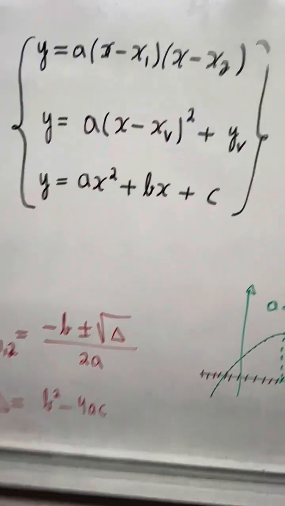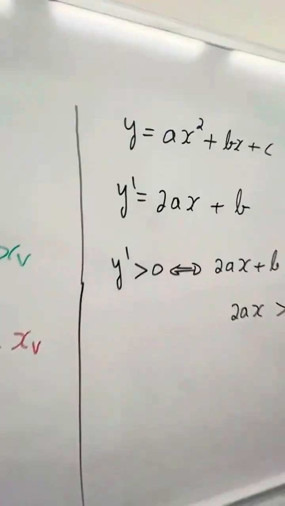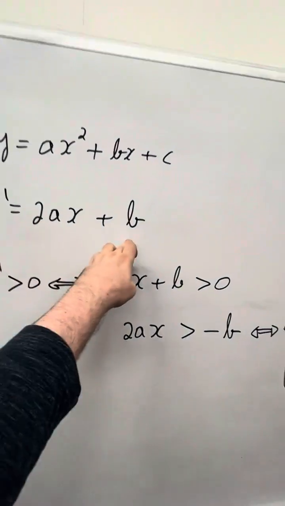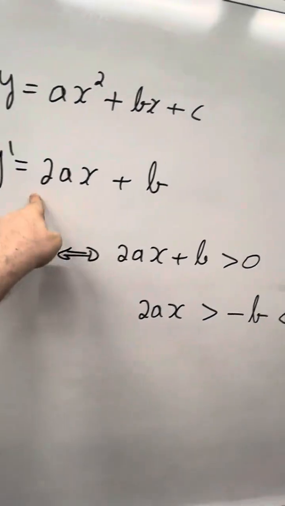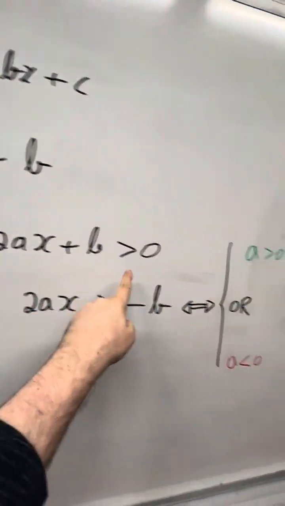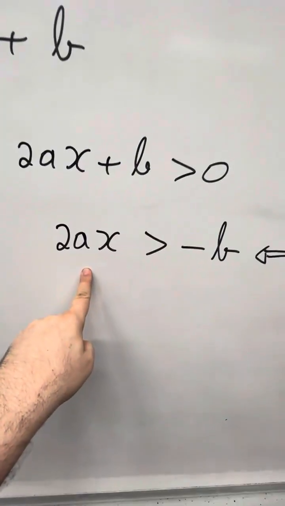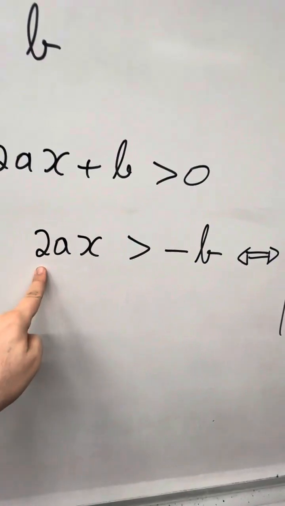Okay? Third formula, the usual polynomial formula for the parabola. We are here taking the derivative. We have that. The derivative is positive if and only if this is positive. Solving for x, we've had this. But here there's a tricky thing. The a can be positive or negative.